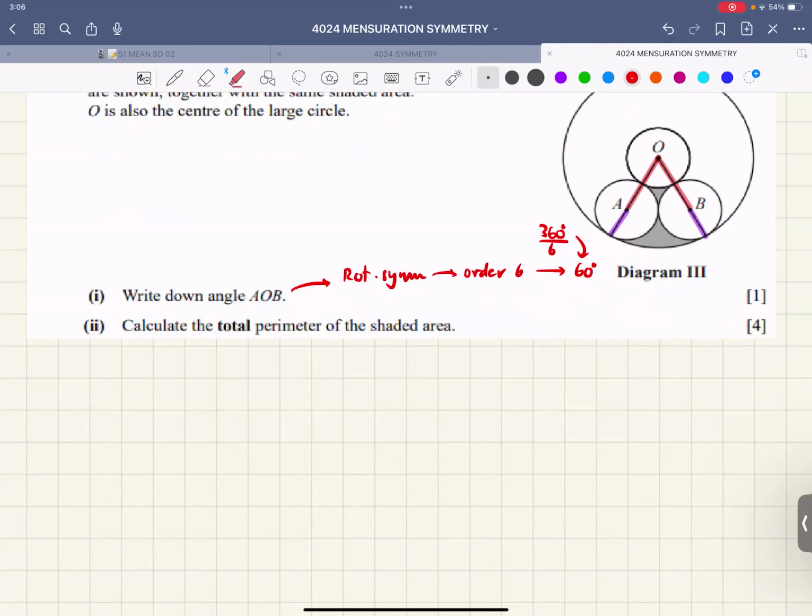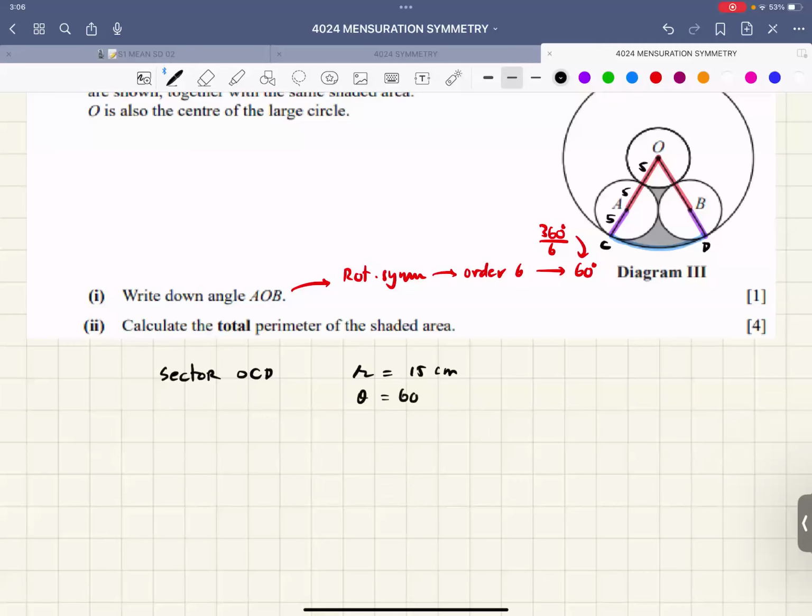So now, let me use the blue one. If I focus on the sector, let me write this as C and D, OCD. Therefore, the radius is 5 plus 5 plus 5, which is 15.